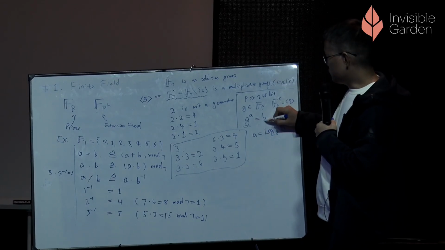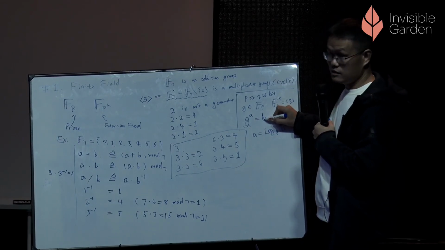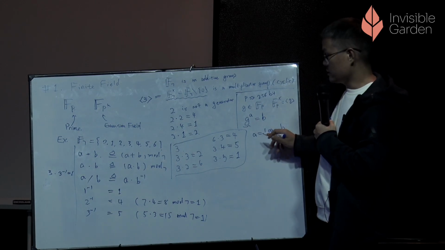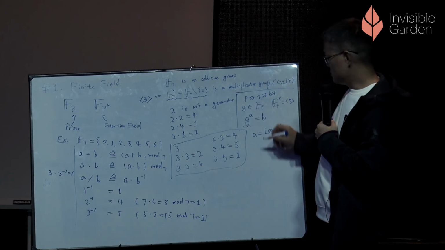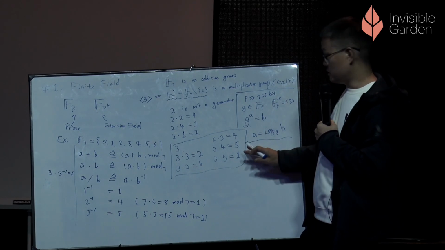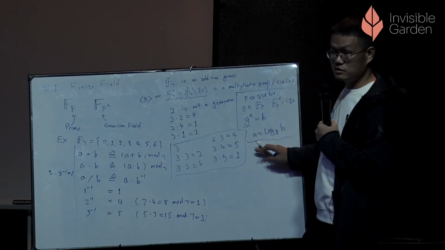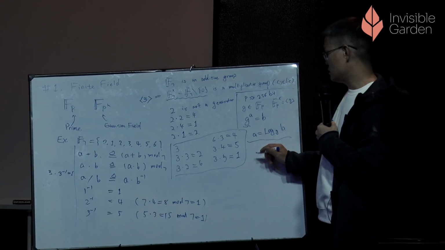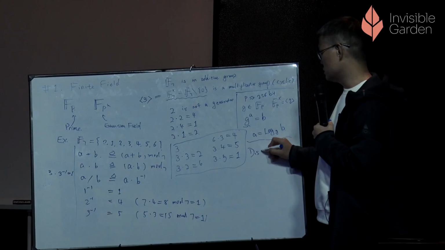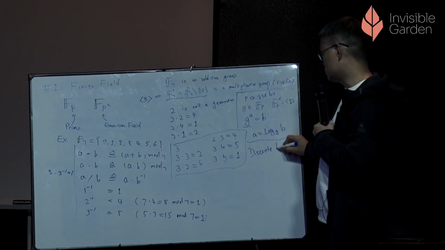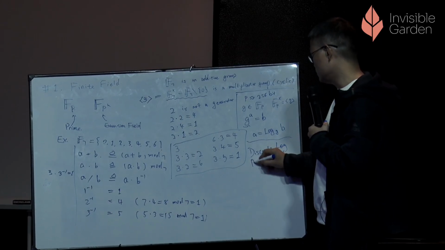If anybody gets B, the problem is how can we get A? It turns out this computation is very hard. It's the so-called discrete log problem.